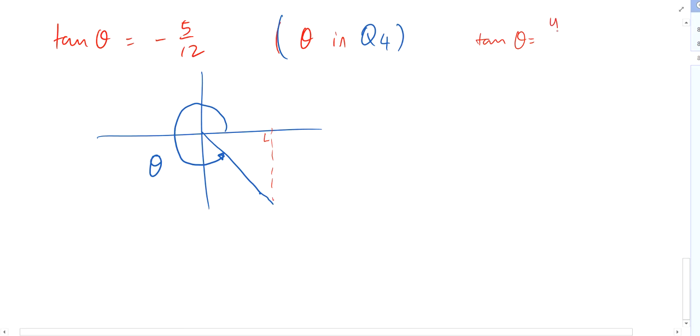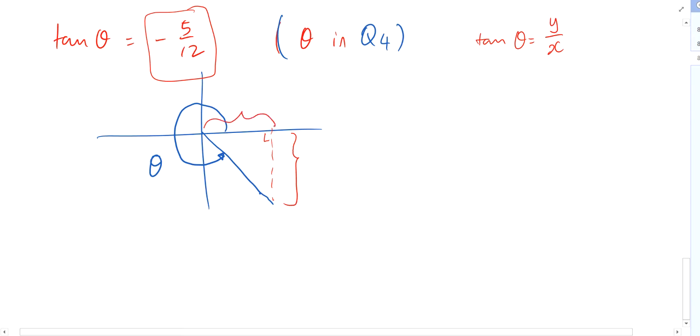Y over X. Right? And Y could be positive, could be negative. X could be positive, could be negative. Now in this case, since tangent theta is negative 5 over 12, are you able to tell me what these two represent?